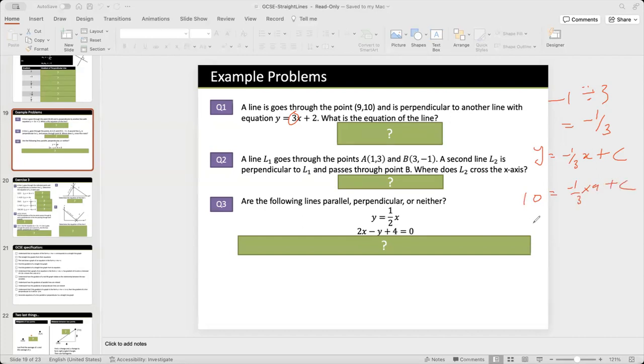So that gives you minus 3, then 10 equals minus 3 plus c. You add 3 to both sides. That gives us 10 plus 3 equals c. c equals 13. So when it says perpendicular, it's going to be y equals minus 1/3 x plus 13.